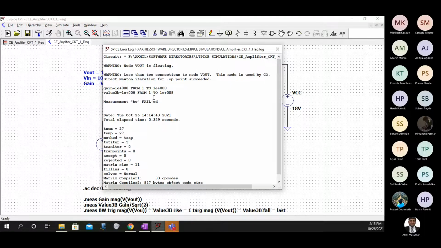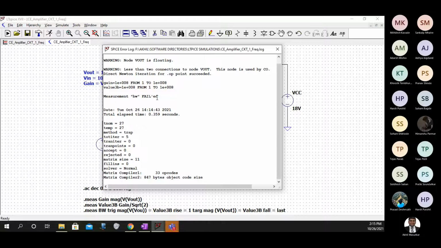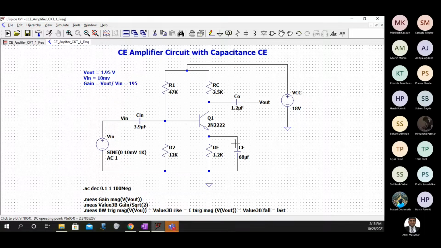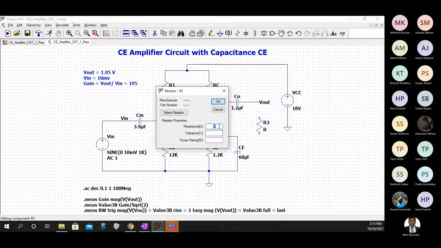So here you can see that gain, this is the lower cutoff, so gain calculation is here and the value of the measurement. But one minute, the out node is floating. So okay, I'll connect one 10k resistance here, see with load.